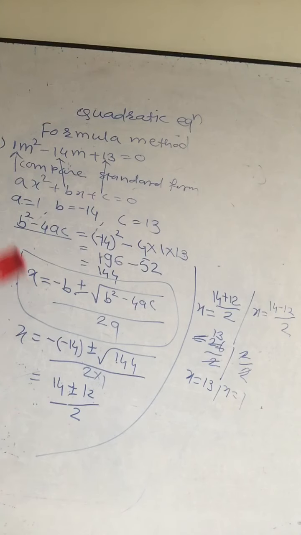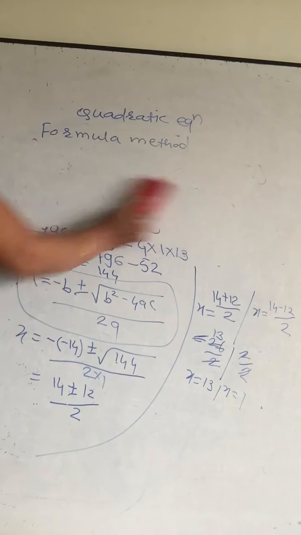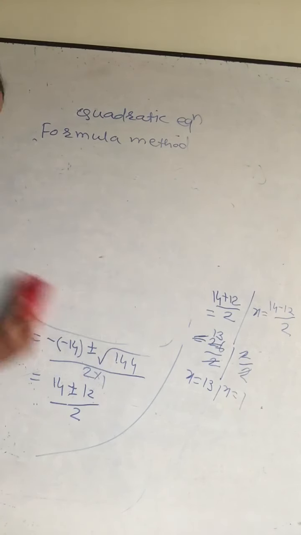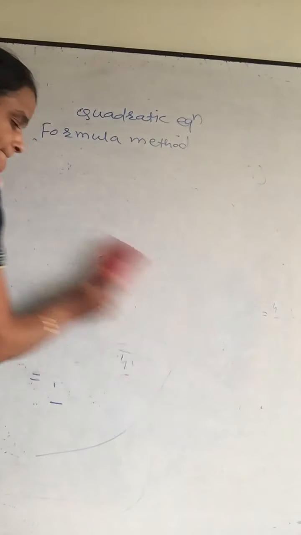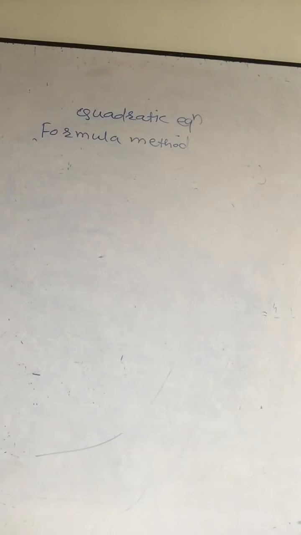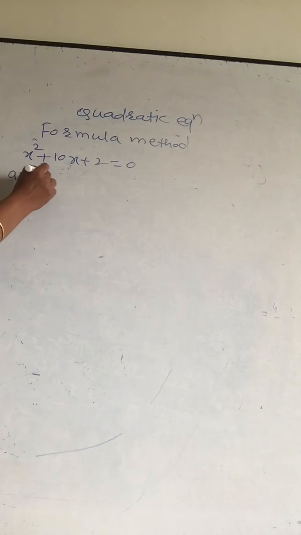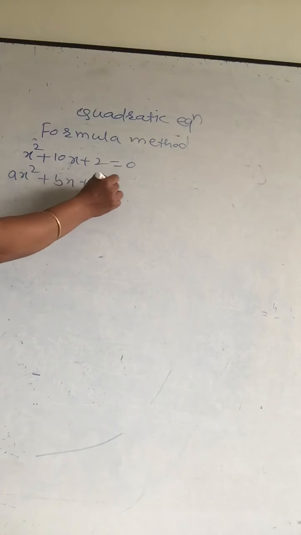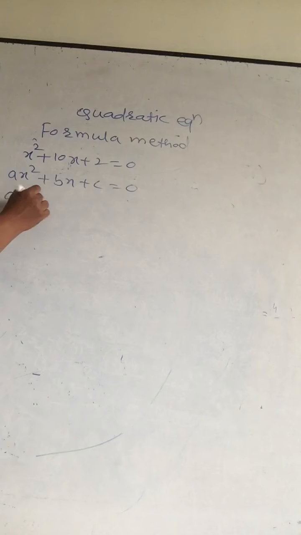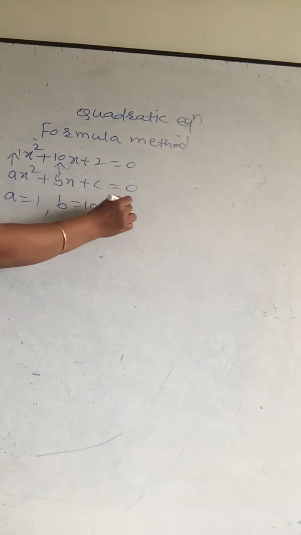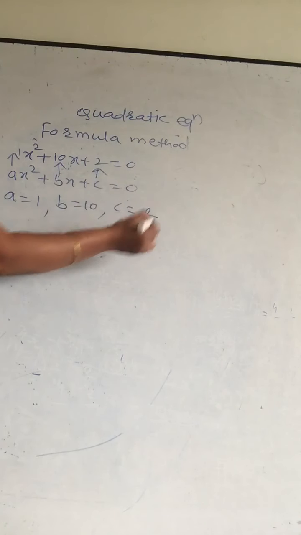For example, another example is x square plus 10x plus 2 is equal to 0. Now here, compare with ax square plus bx plus c is equal to 0. a is equal to 1, b is equal to 10, c is equal to 2.